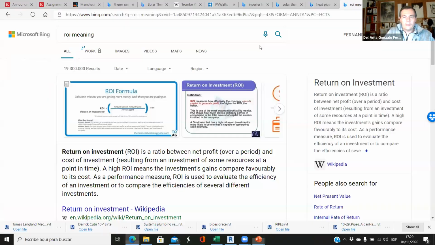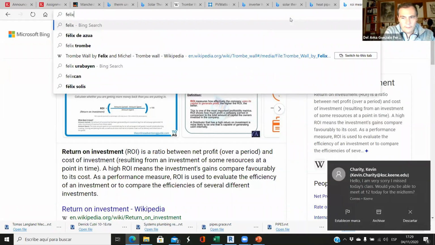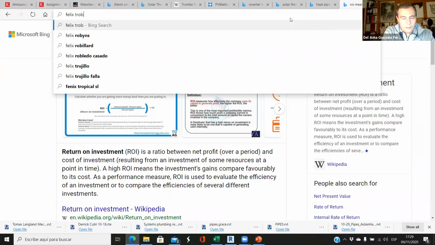Where does this word come from? Well, it's named after Felix Trombe.